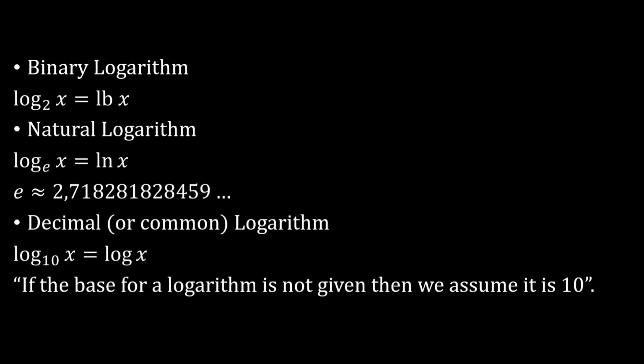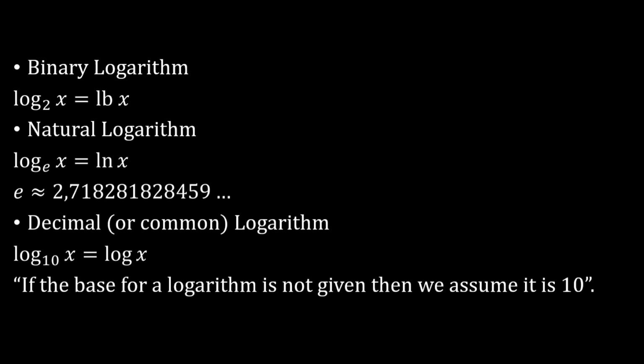Decimal or common logarithm. Logarithm of a number x to the base 10 is called decimal or common logarithm. We can note that logarithm of a number x to the base 10 as log x.